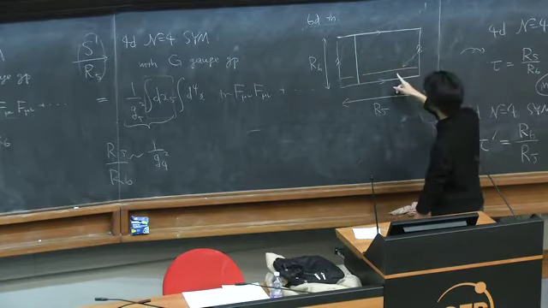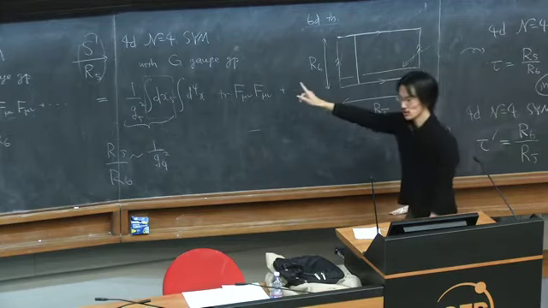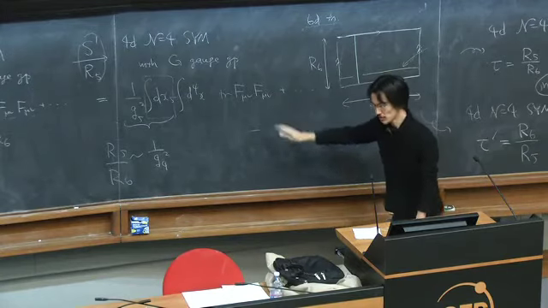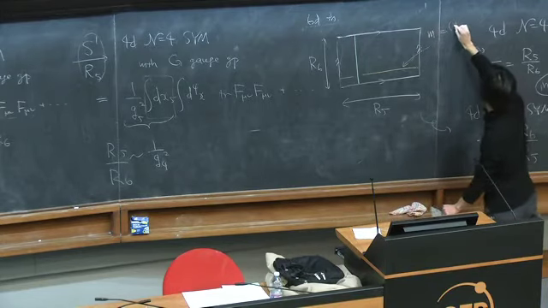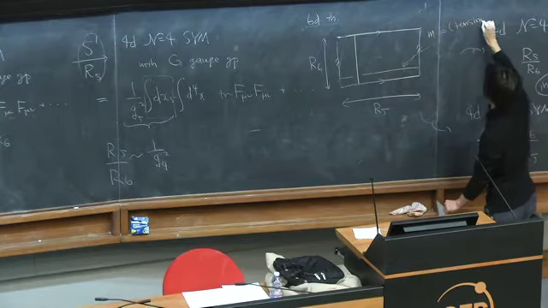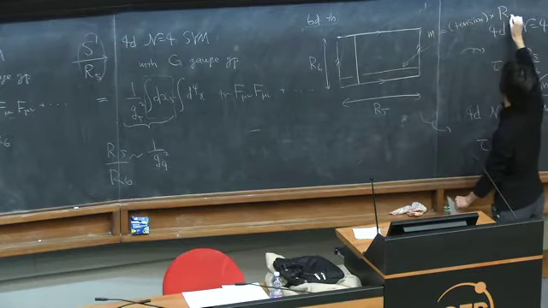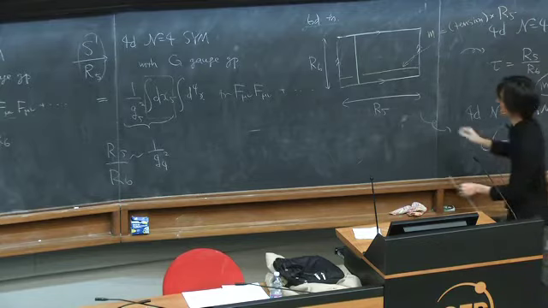Then this excitation looks like a point from the 4-dimensional point of view. And the mass in 4D will be tension times R5, of course, right?